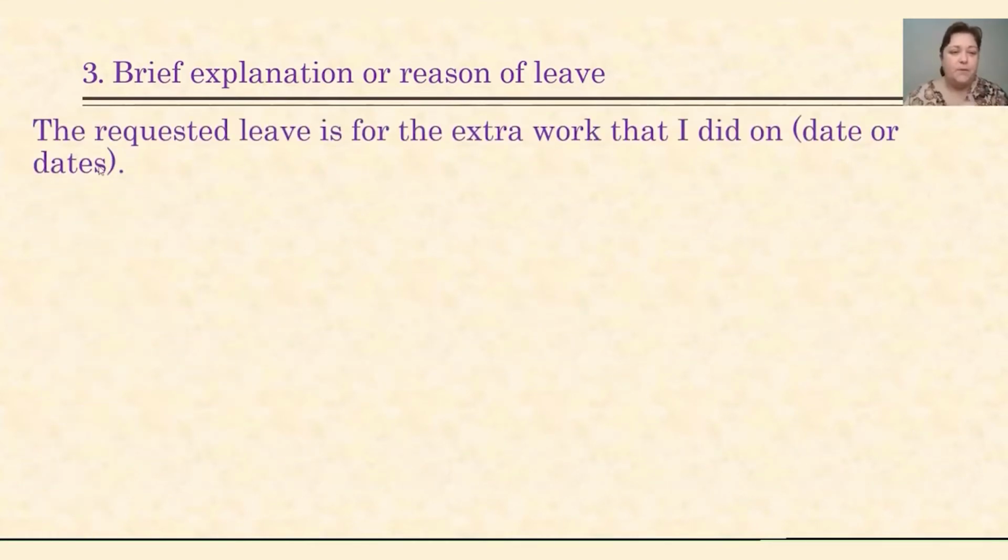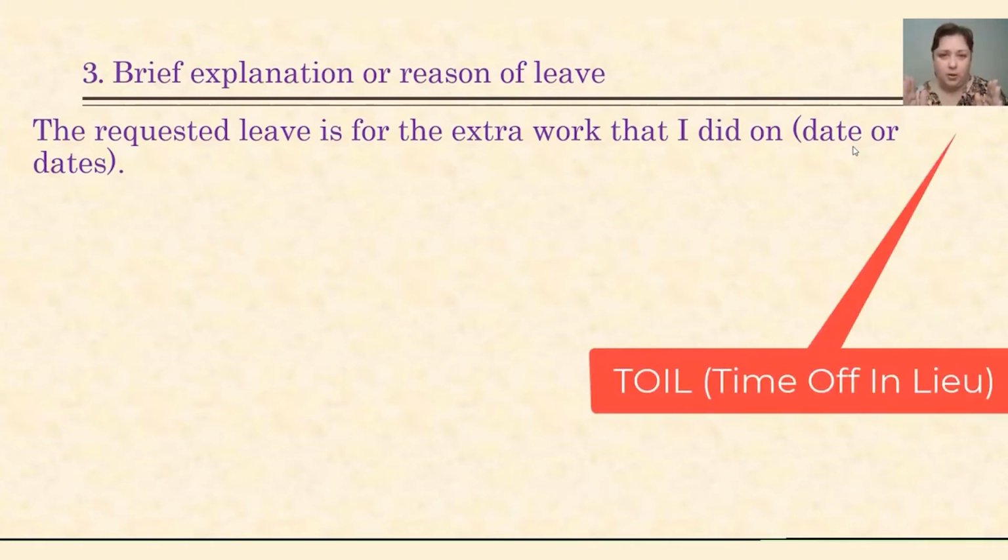Other examples: the requested leave is for the extra work that I did on, and then you have to give the date. So for example, if you remember before I said TOIL, that means you only work Monday, Tuesday, Wednesday, for example, but one week you have worked extra. You have worked Thursday as well.